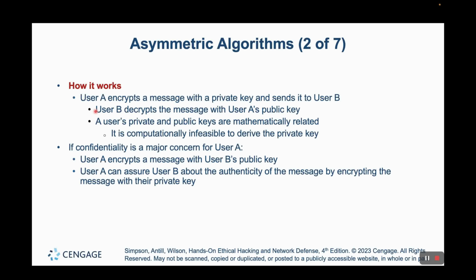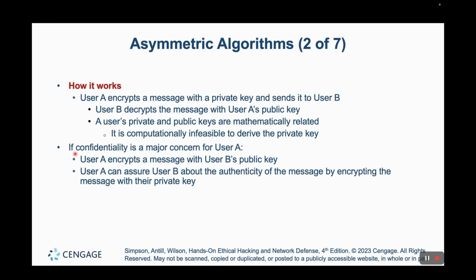Now, user A encrypts a message with a private key and sends it to user B. Now, user B decrypts the message with user A's public key. Again, because we have one private key and then we generate the public key from it. A user's private key and public key are mathematically related. However, it is infeasible to derive the private key from the public key.